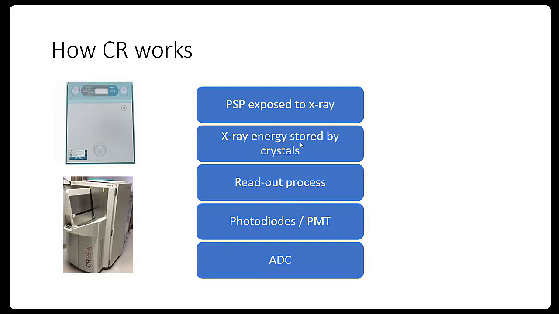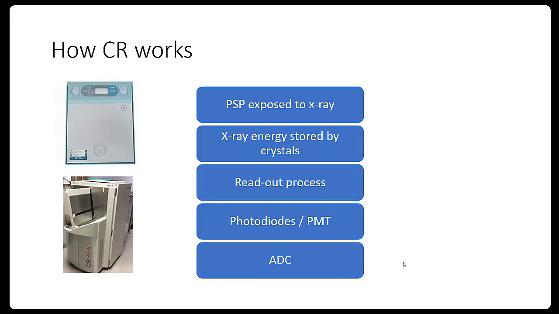So this is what occurs during a readout process. A focused laser light is scanned over the plate. It will cause the electrons to return to their original state, emitting light in the process. This light is collected by photodiodes or photomultiplier tubes, and then the signal is converted into an electrical signal by an analog to digital converter.